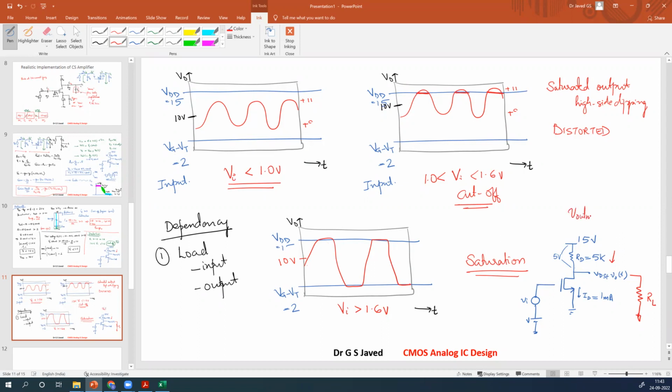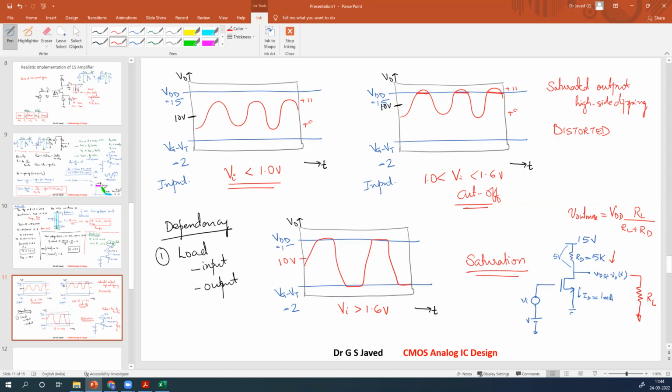Your Vout max will be given as total VDD, right? Divided by what is the load? Max VDS value now. RL times RL divided by RL plus RD. So this is now your new VDS. It is a reduced VDS by itself.